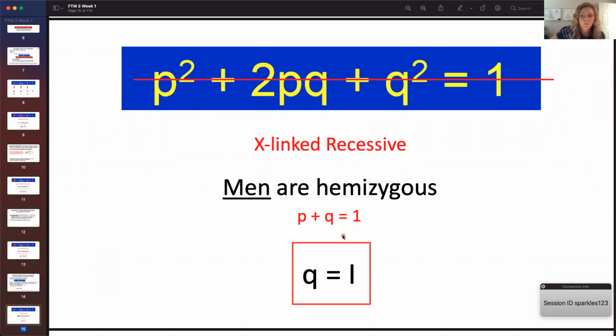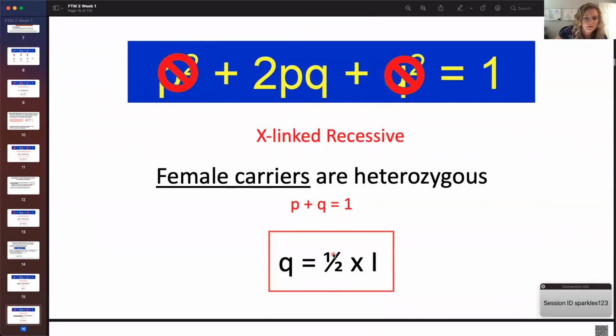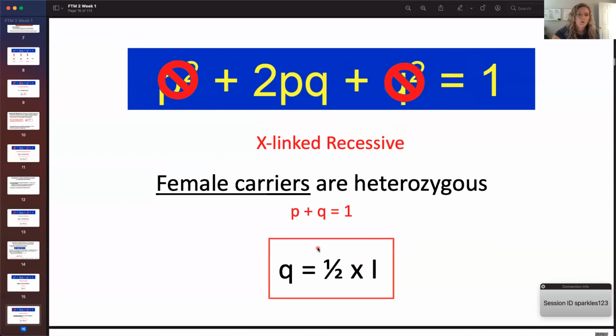Now, they'll probably more often ask about the female carriers in the X-linked ones because it is pretty simple that Q equals I. I think the next slide has this female carrier. So in order to get that, you're just going to double half the incidence.